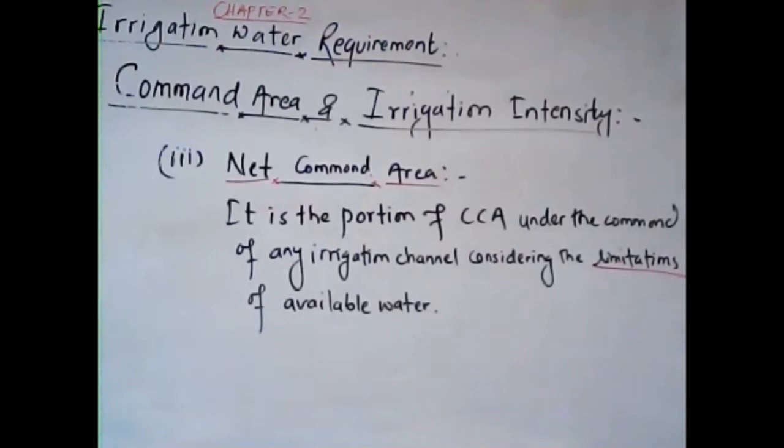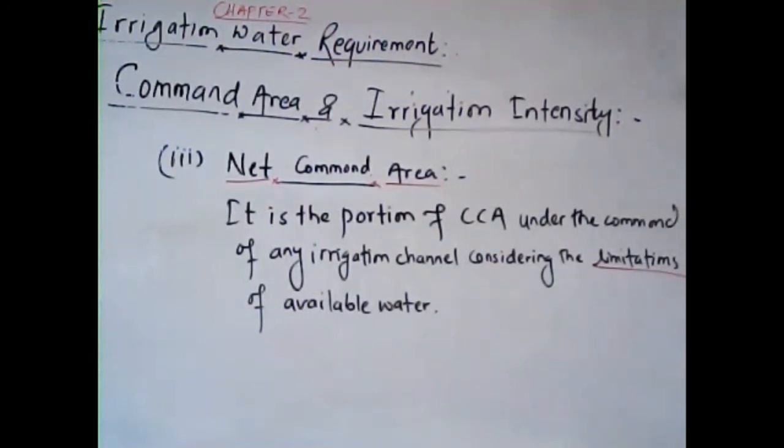Now the third command area is the net command area, which is the portion of the cultivable command area under the command of any irrigation channel, considering only the limitations of available water. So in the net command area, we have limitations of available water, whereas in the case of GCA there is an ample amount of water.